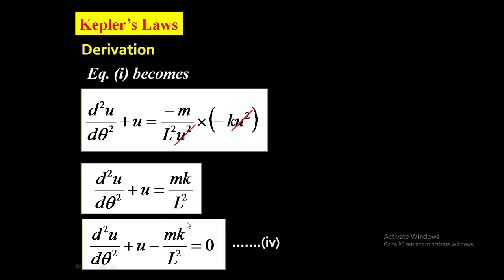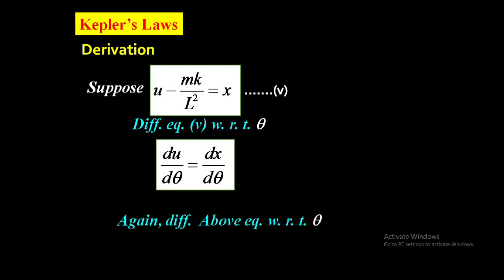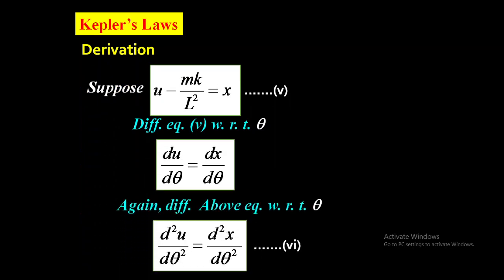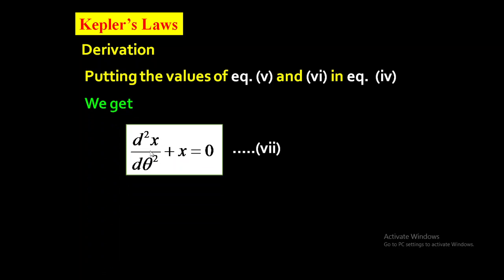Putting the values of u minus mk upon L square and d2u by d theta square in equation number 4, we will get d2x upon d theta square plus x is equal to 0. Suppose this is equation number 7, and this is a second order differential equation.